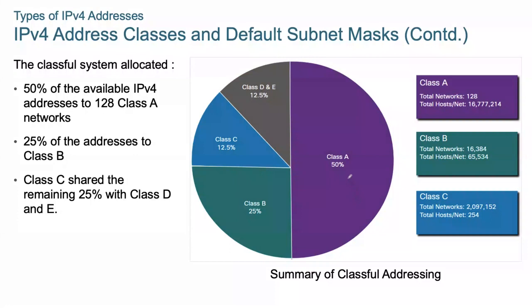So here in class A, the total networks it can accommodate is 128 networks. So if you take UTSA, suppose UTSA is having 50 networks, for example, then which class IP address is used?